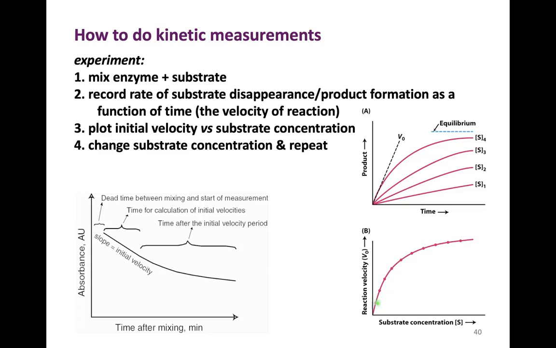And this initial data point is that initial velocity for S1, S2, S3, S4, and so forth. Okay, so in our analysis of the kinetics, we're interested in the initial reaction velocity as a function of the substrate concentration.